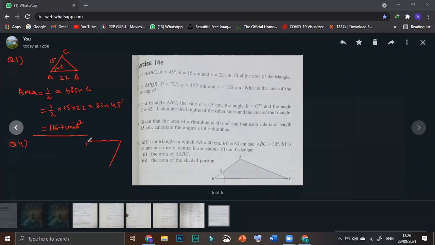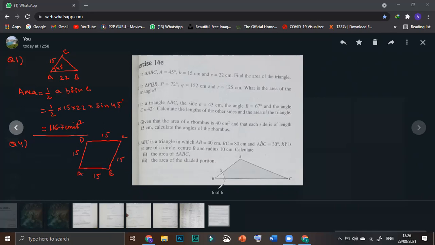This one is a rhombus, A, B, C, and D. Now, each side is 15 given. Now, area of the rhombus is 40 centimeters square.